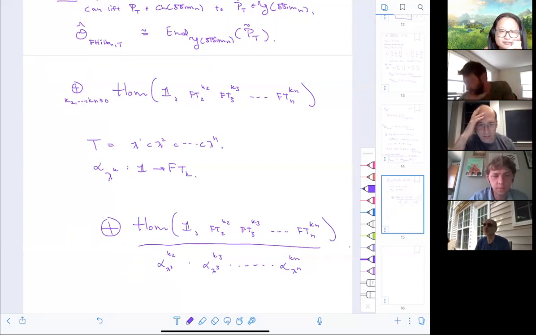I mean, you allow yourself formal ratios where the numerator is a map into some product of full twists, and the denominator is some product of eigenmaps. You require these ratios to be balanced, so you need the same number of eigenmaps in the denominator as you have full twists in the numerator.